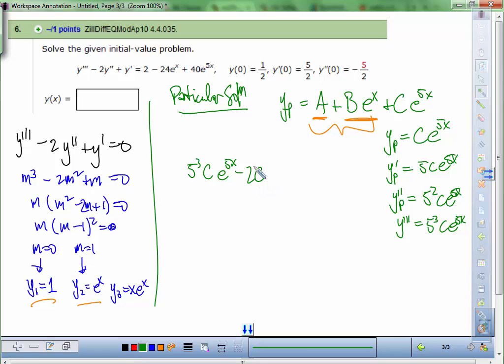Plus 2 times 5 squared C e to the 5x, plus the first derivative 5C e to the 5x.